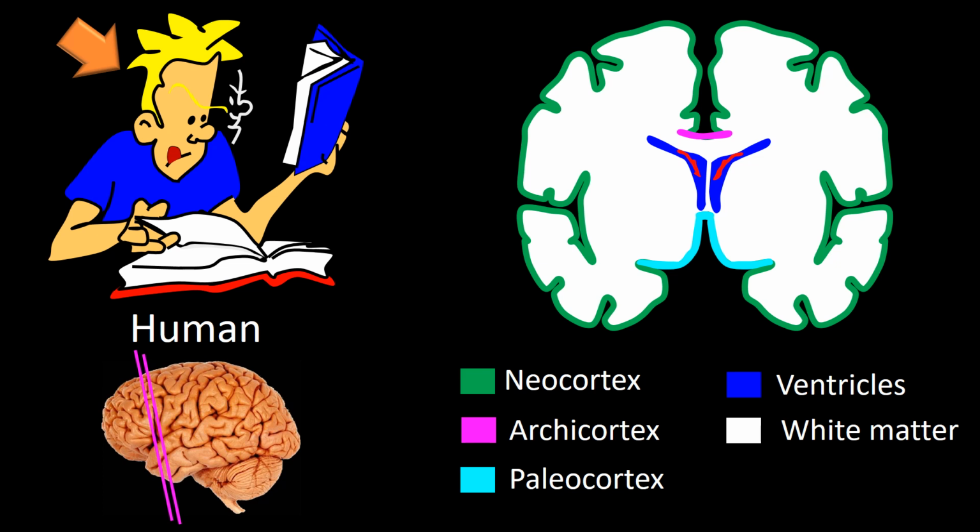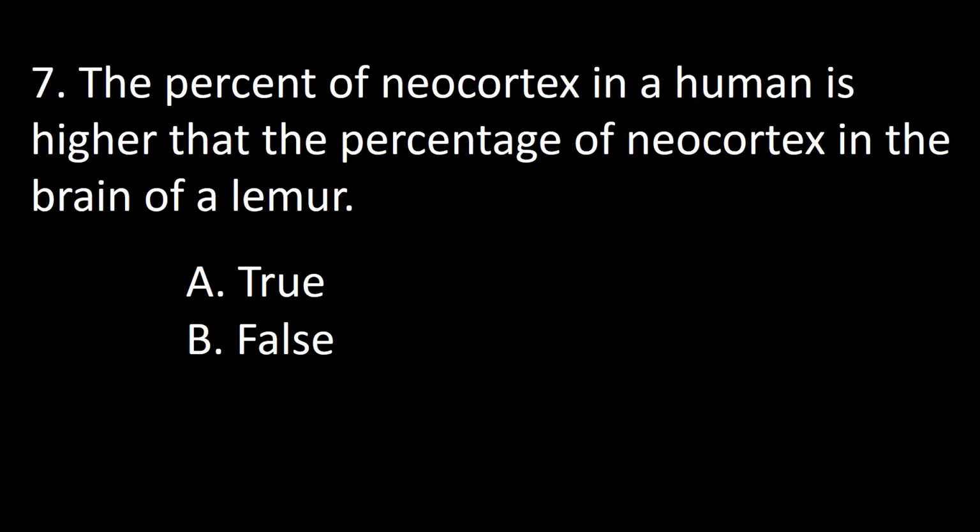In relation to other animals, the human brain percentage of paleocortex is much smaller. The percentage of archicortex is also smaller, and the percentage of neocortex is much more increased. So the answer to this question is true.